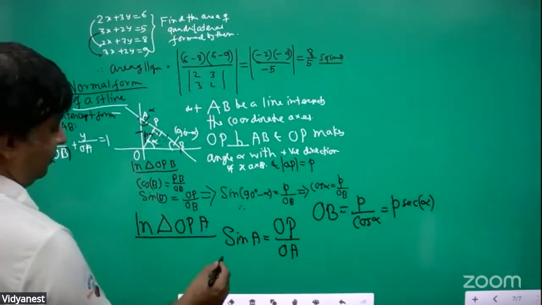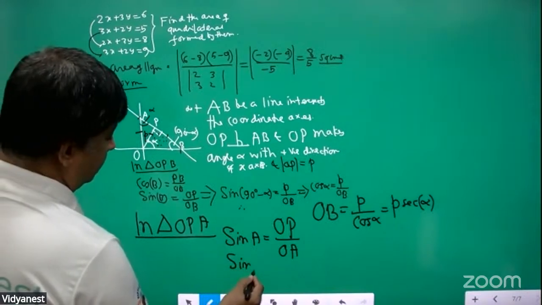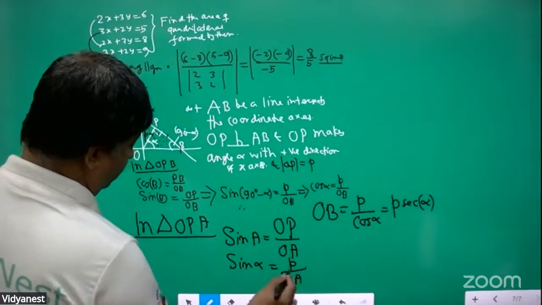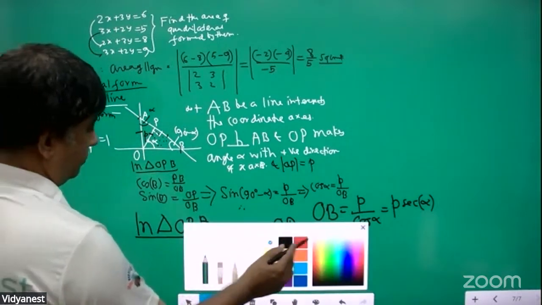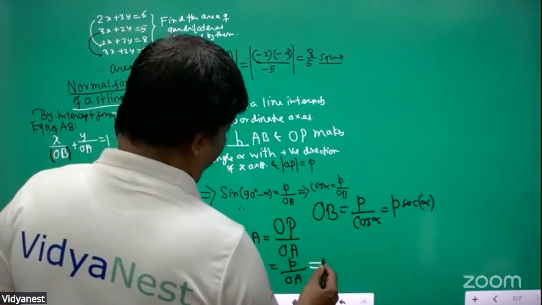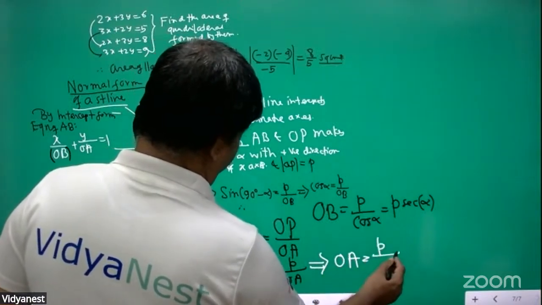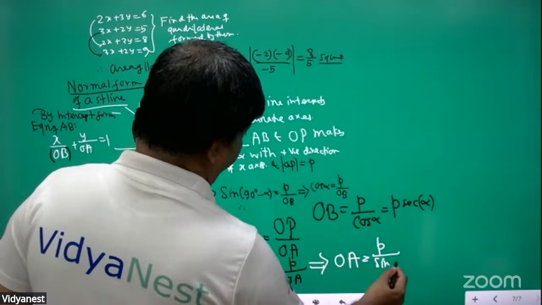A is what? Alpha. OP is p. OA we have to get. So, what about OA? p by sin alpha.